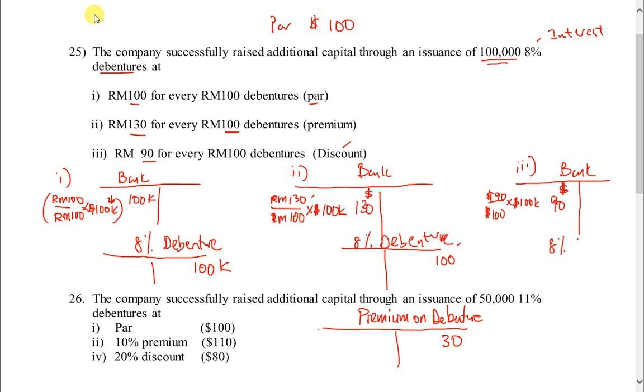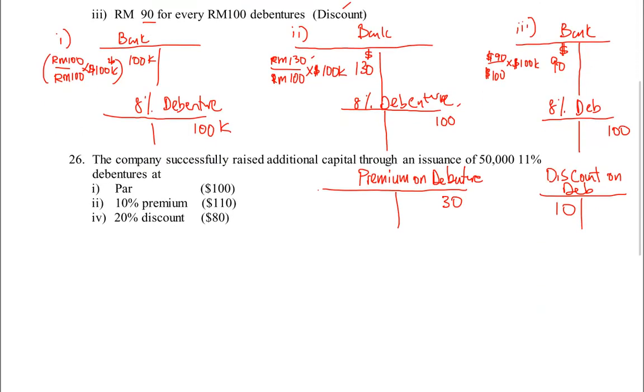Credit 8% debenture, always at par, 100,000. The balance is the discount on debenture, debit 10,000. Done.